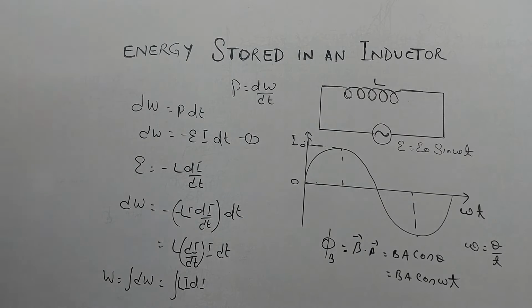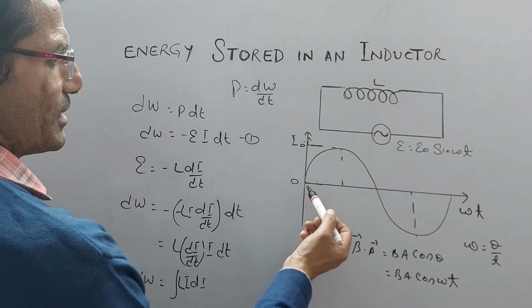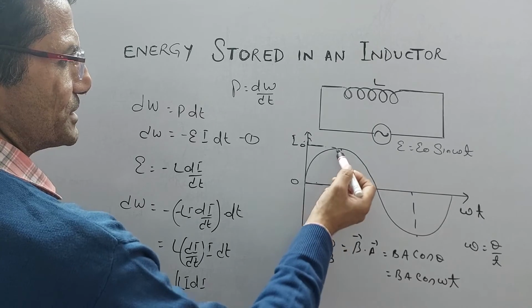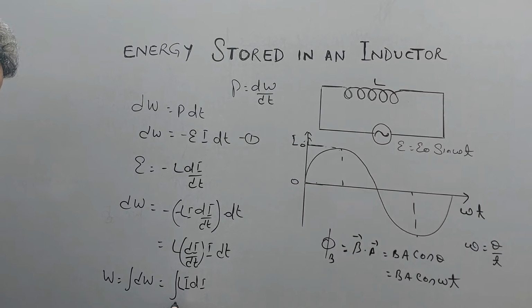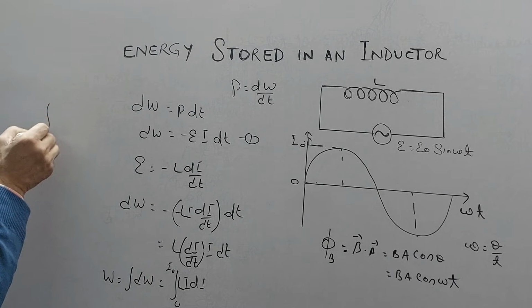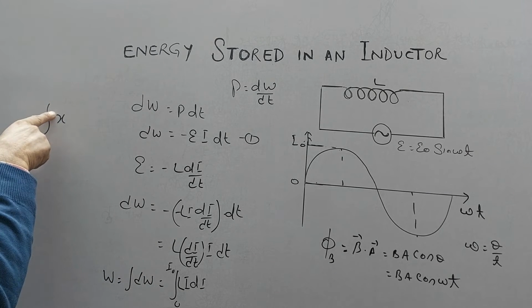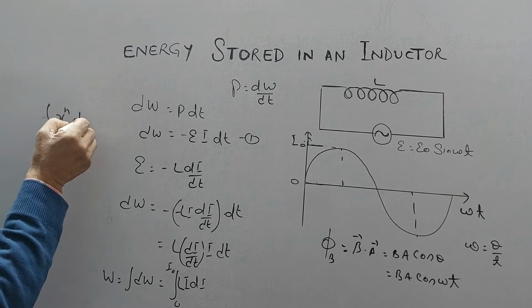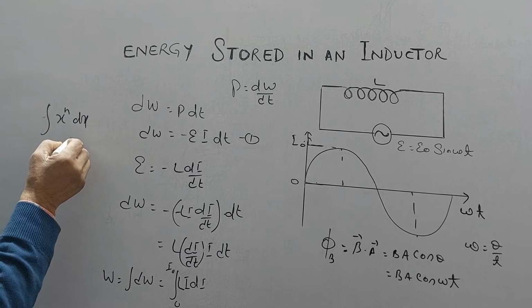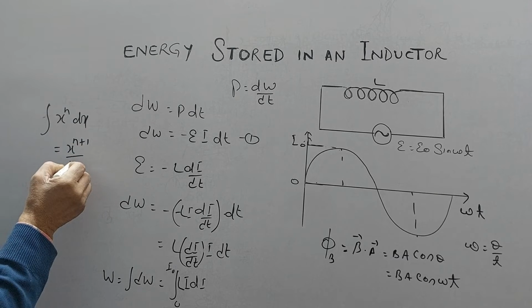Now we have to find the total work done from this point to this point, when the current becomes maximum. The lower limit of the current is 0 and the upper limit is I naught. From integration, the formula is the integral of x raised to the power n dx equals x raised to the power n plus 1 upon n plus 1.